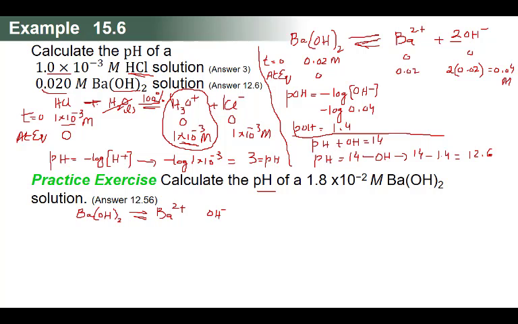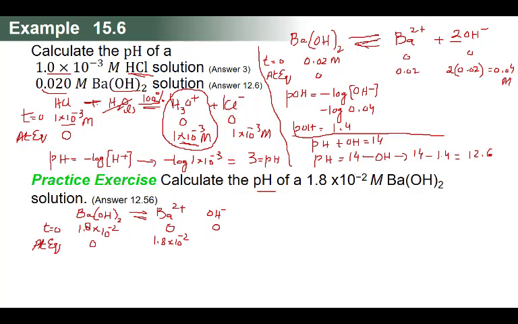So when the time is 0, it will be 1.8 into 10 raised to the power minus 2. So barium will be 0, not produced in the beginning, hydroxyl will be 0, and after the passage of time when the system comes to equilibrium, so at equilibrium this will be finished, and this will be 1.8 into 10 raised to the power minus 2.